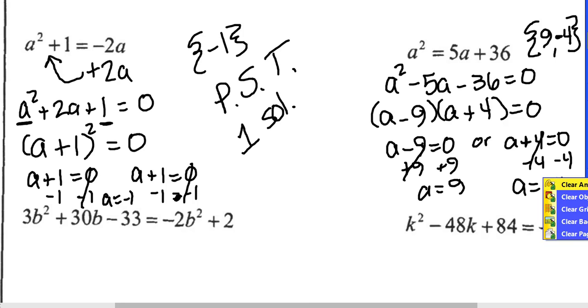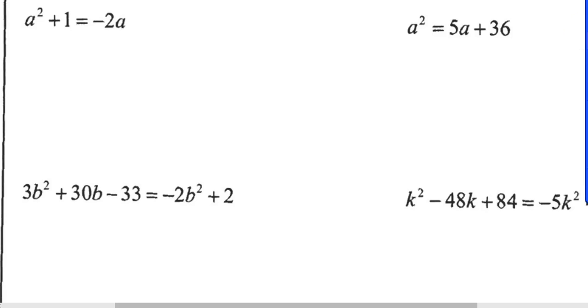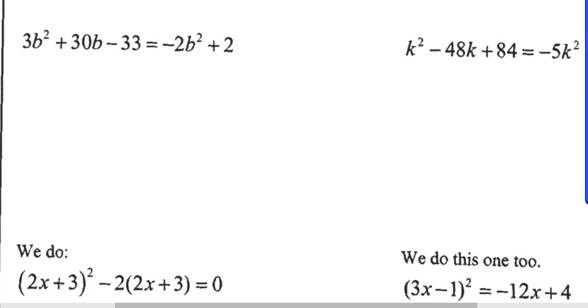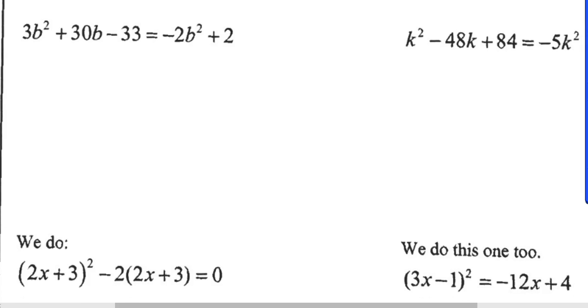Okay, so let's move on to the next group. Of course, it's working its way up in complexity, not really working its way up in difficulty, just complexity. Okay, so let's take a look at this next one.